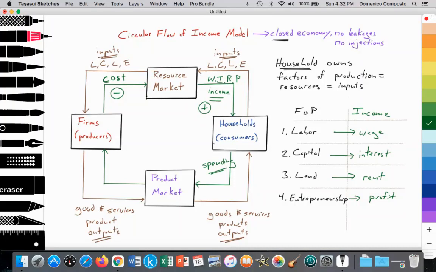And that price for the household will seem as if it's the lowest price that they could spend on the good, but for the firm, from their perspective, it is the highest price they were able to offer in the product market. So if households are spending their income in the product market, that comes back to the firm as revenue.